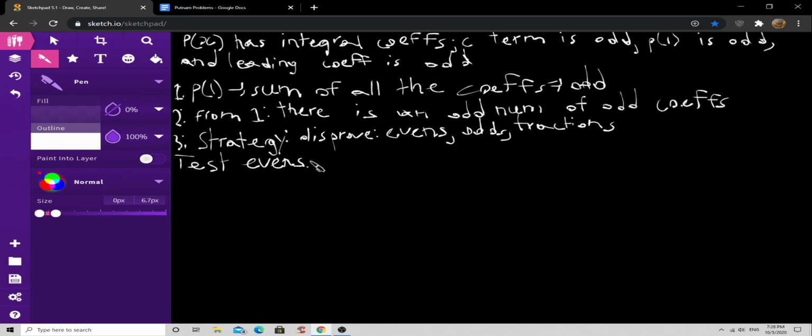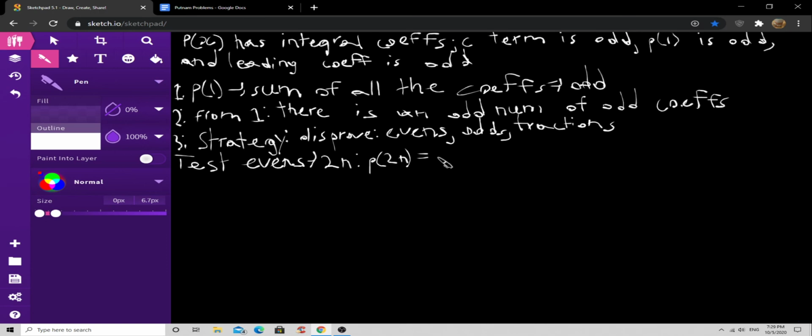Test evens. So we'll call evens to be, let's say, 2n. So we can just do p of 2n. This is always going to be an even number. Well, let's see.